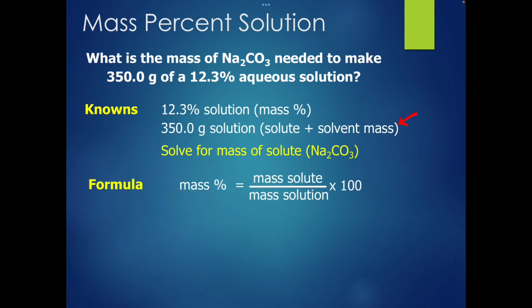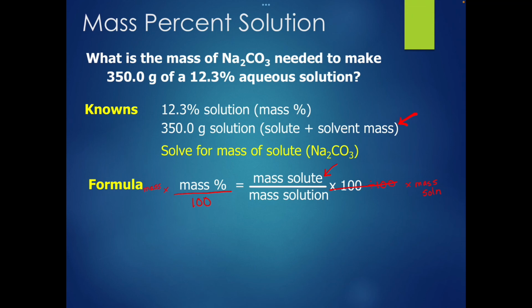So here's our equation here. We have our mass percent is equal to the mass of the solute divided by the mass of the solution times 100. So this is what we're solving for up here. So to rearrange this, we need to divide both sides by 100 to make sure that this is gone, right? That gets rid of that. Then we are going to multiply both sides by the mass of our solution, and solution is abbreviated SOLN.